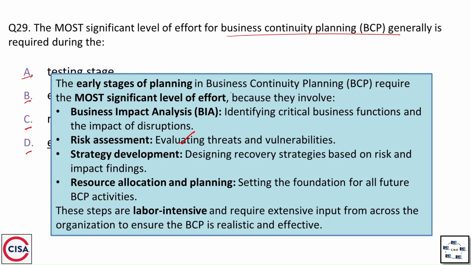The early stages of planning in business continuity planning, BCP, require the most significant level of effort because they involve business impact analysis, that is identifying critical business functions and the impact of disruptions, risk assessment, that is evaluating threats and vulnerabilities, strategy development, that is designing recovery strategies based on risk and impact findings, and resource allocation and planning, that is setting the foundation for all future BCP activities.